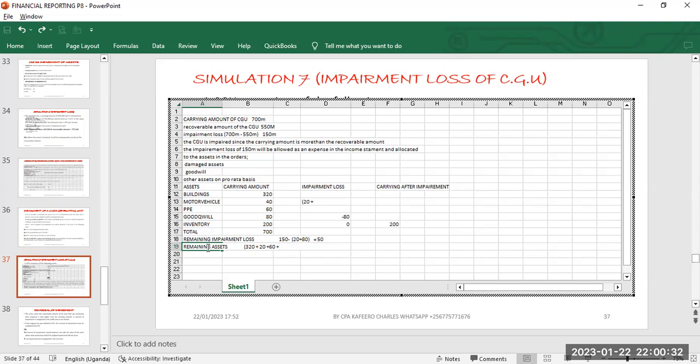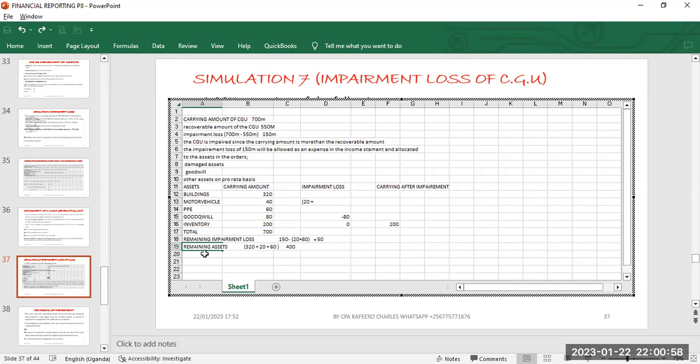We said inventory, we are not going to include it there, because it's not supposed to be subjected to impairment. We have already dealt with it. So those are the ones that are still remaining. This will give us a total of 400 million.